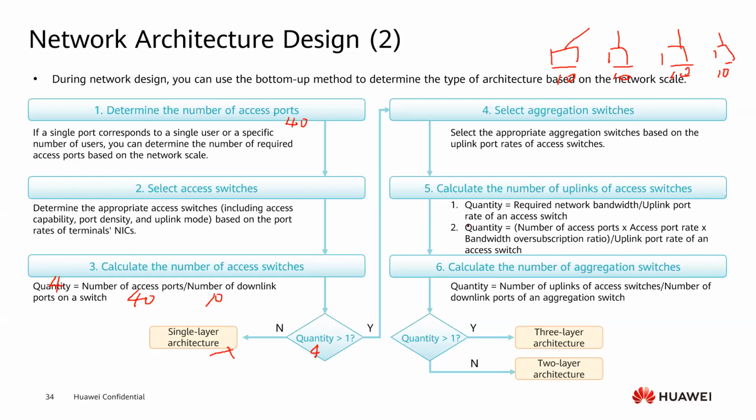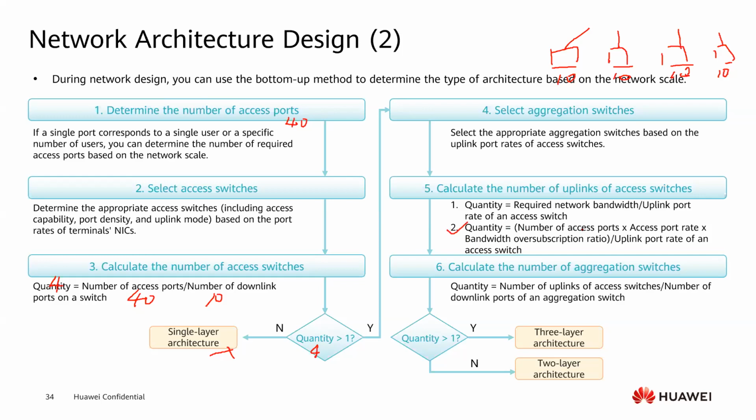And for example, you can calculate the quantity as the required network bandwidth divided by the uplink port rate of an access switch. You can also use this formula: quantity equals the number of access points multiplied by the access point rate multiplied by the bandwidth oversubscription ratio, divided by the uplink port rate of an access switch. We use the second formula as an example.